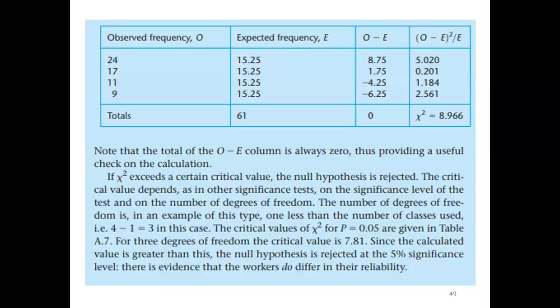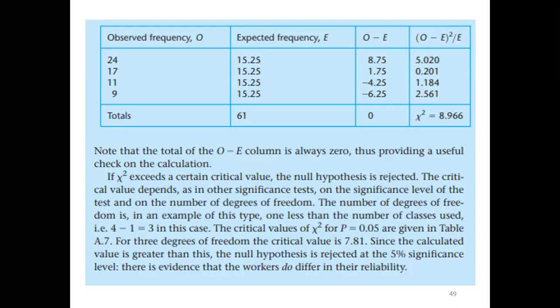Since the calculated value is greater than the critical value, we reject the null hypothesis. At the very beginning we hypothesized that there's no difference in the reliability of workers. Workers are reliable. That's what we made. Now, using the chi-squared value, we cannot keep that null hypothesis. We have to reject the null hypothesis.